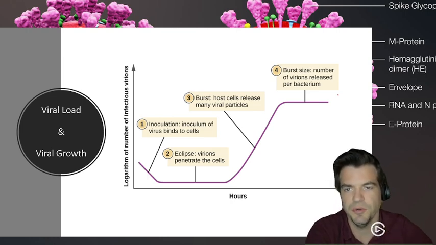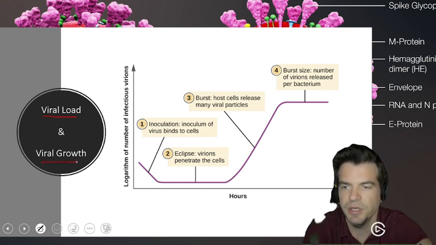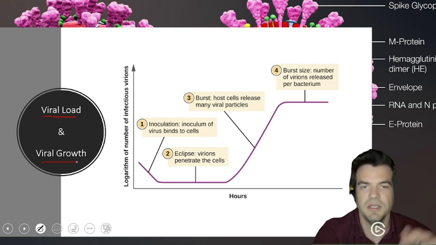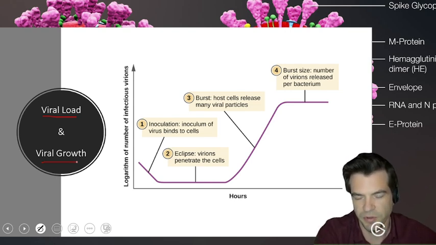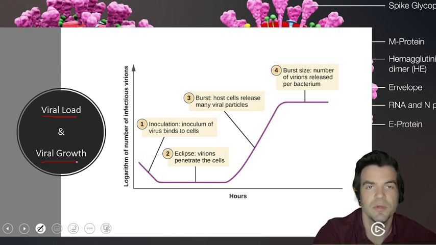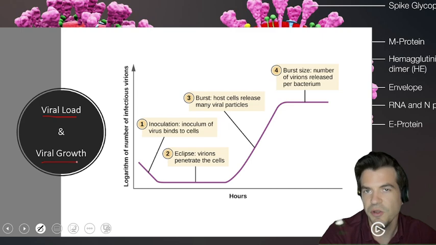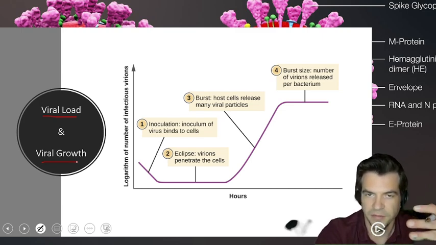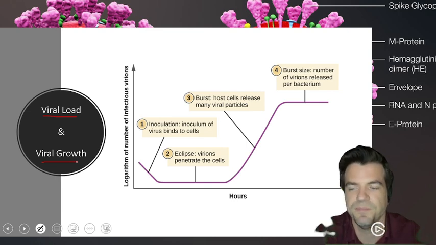A couple of things to note about the title here: viral load is the amount of virus that we can detect. We'll get a short sequence of DNA and try to capture that through PCR or real-time PCR, and you can get a viral load. How many units of viral DNA can you find?